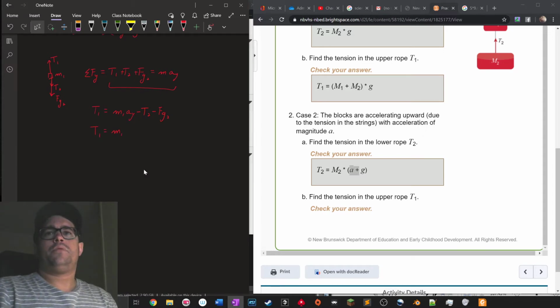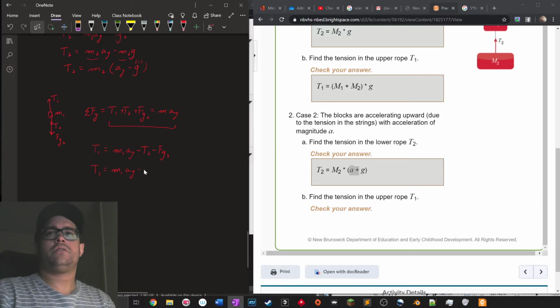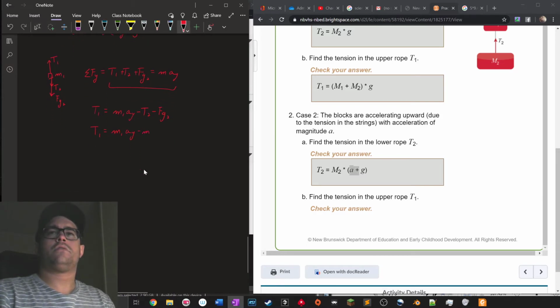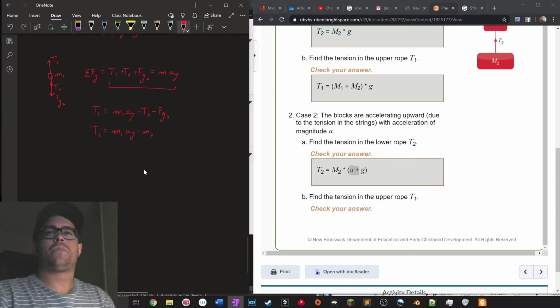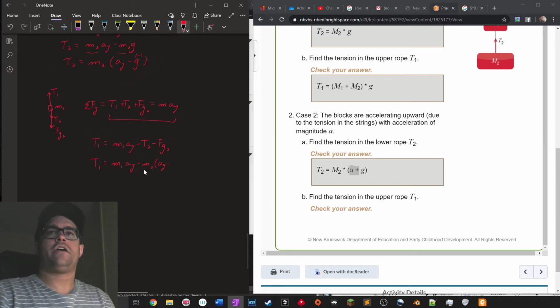Let's develop things that we know. So T2 is actually this mess. Not a mess yet. M2(AY minus G). I did not practice this beforehand.